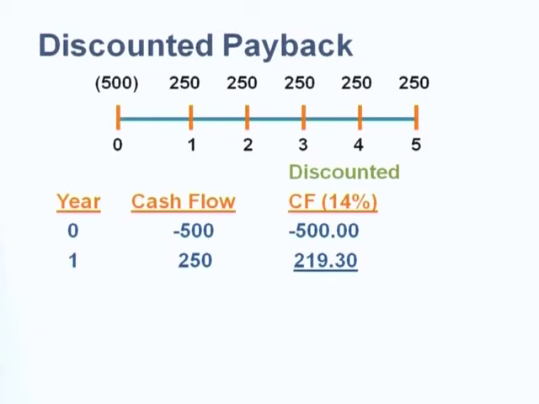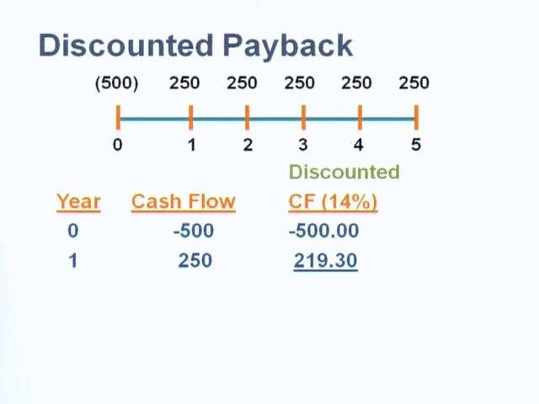What about discount payback period? You have to discount the expected cash flows using this discount rate of 14%. First, you need to find the discounted expected cash flows, and then go back to do the payback period. So year 0, you don't need to discount anything, right? Because it's already time 0.